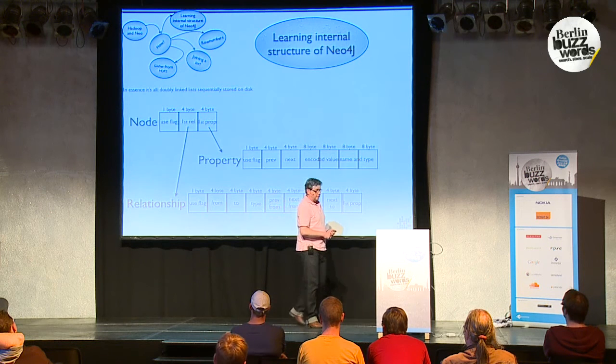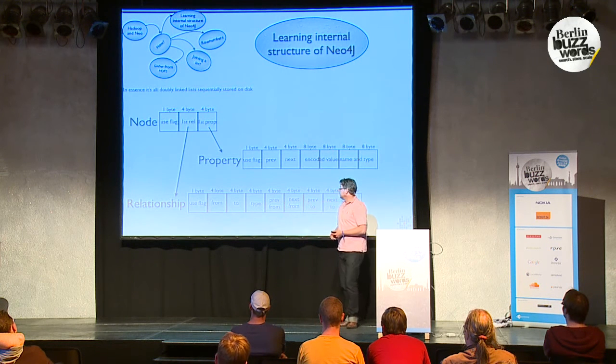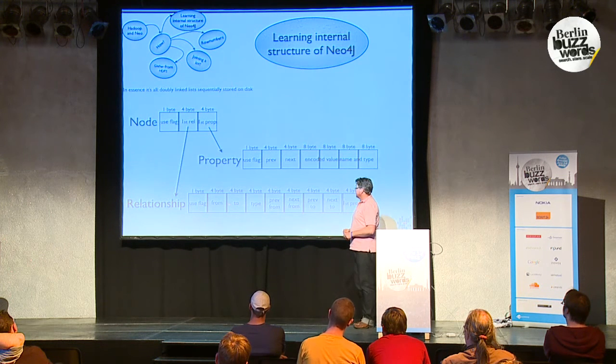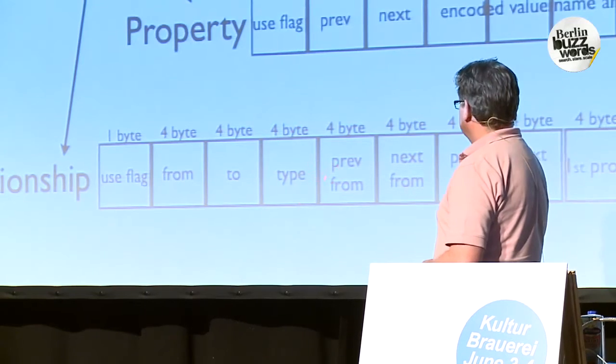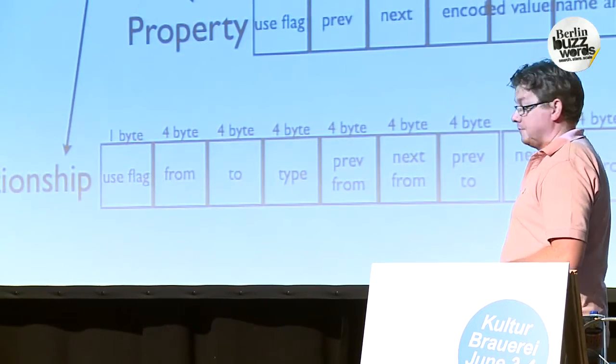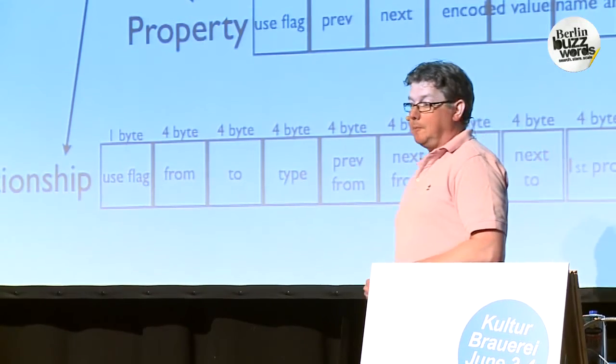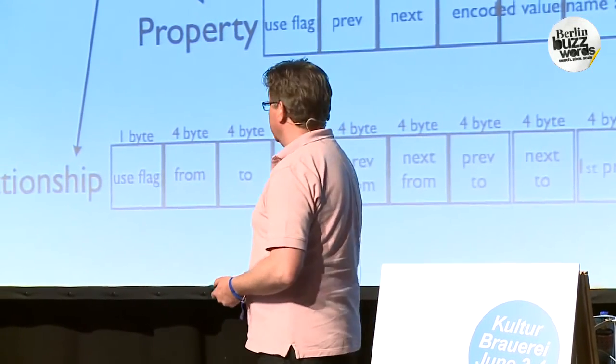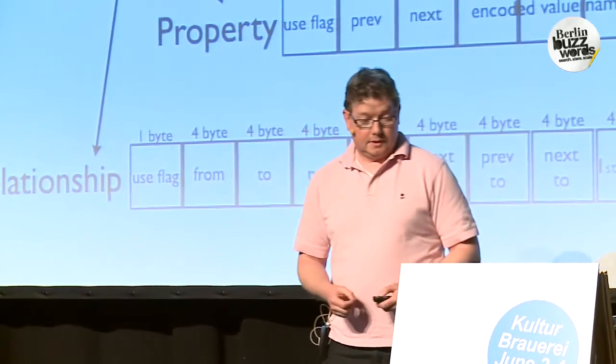Together with the relationships, where you have a pointer back to the from node, another pointer to the to node, a type of the relationship, and the previous and next for both the from and the to node. That gives you essentially a doubly linked list on disk.